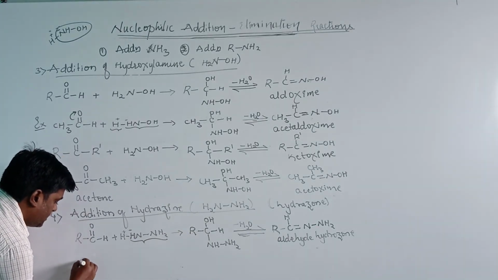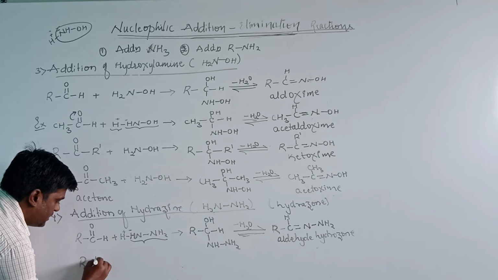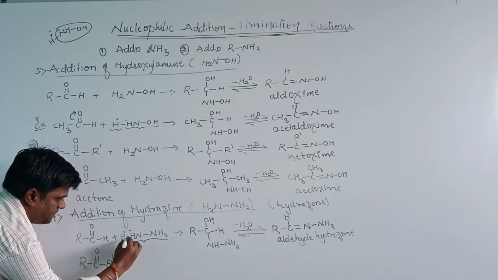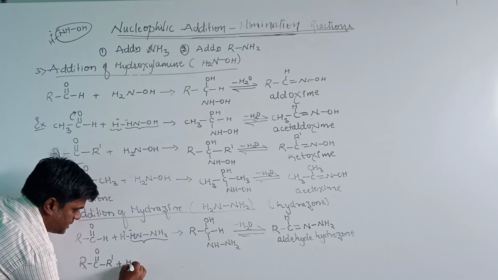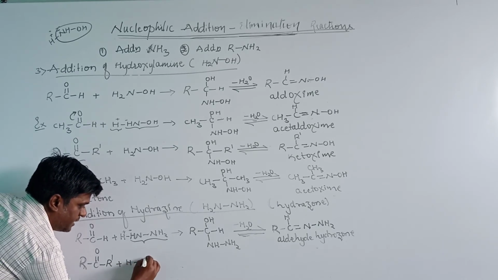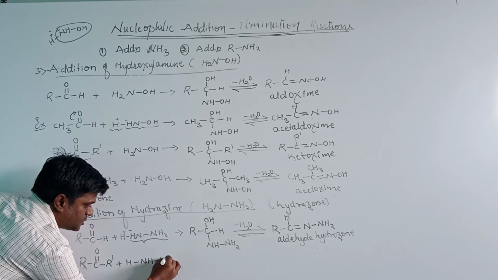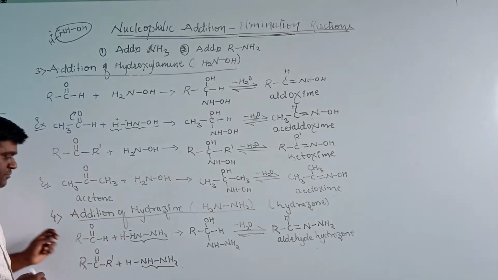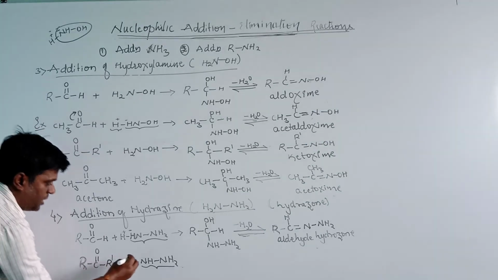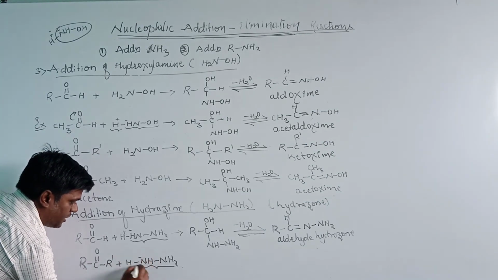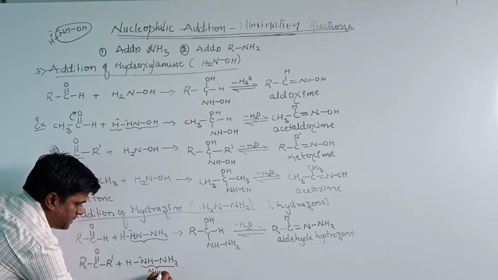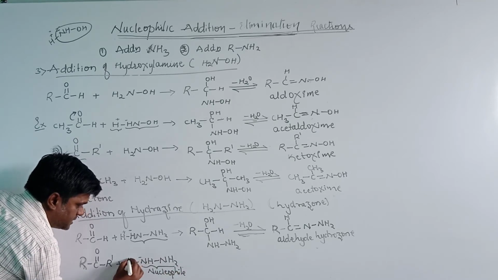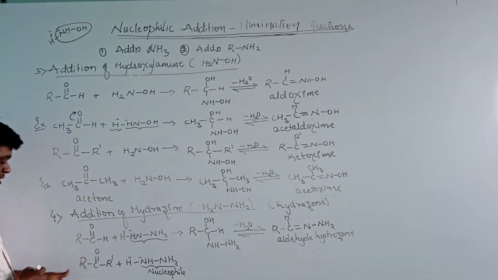When ketones react with hydrazine here, H and NH2 NH2. I am writing like this for the identification of a nucleophile. Here it is a nucleophile and the remaining part is positive, that is the electrophile.